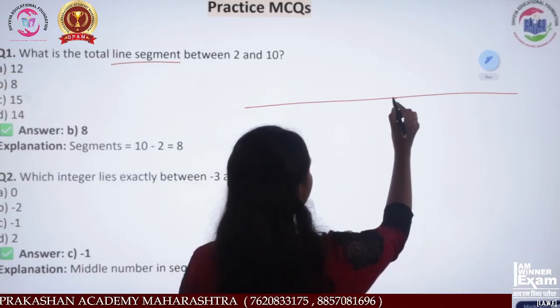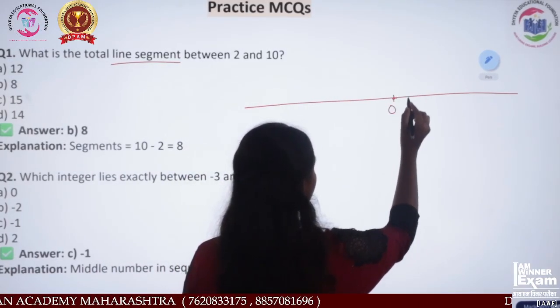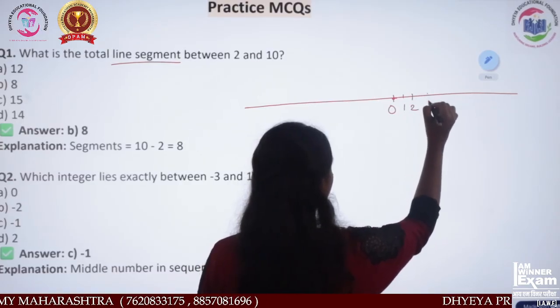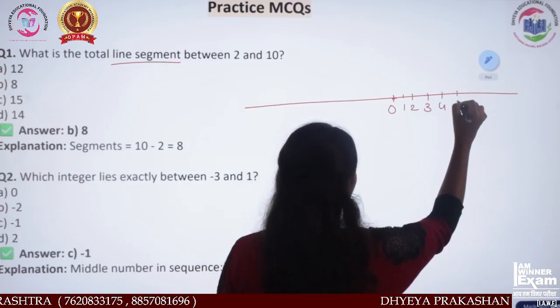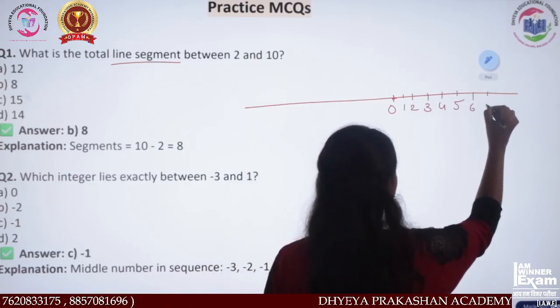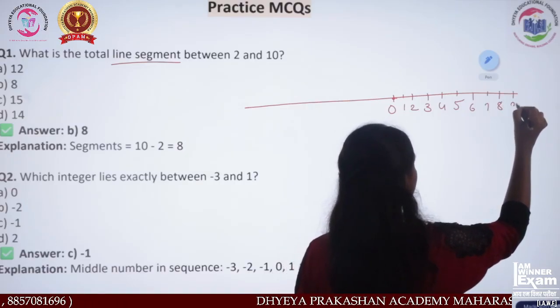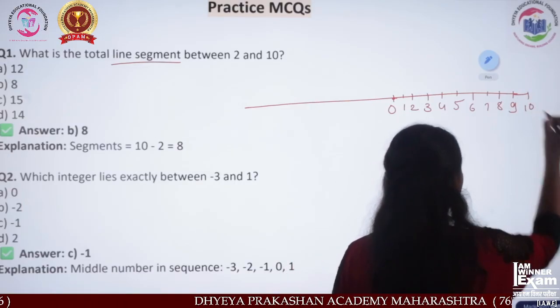Then the midpoint will be 0, 1, 2, 3, 4, 5, 6, 7, 8, 9 and 10. Okay.